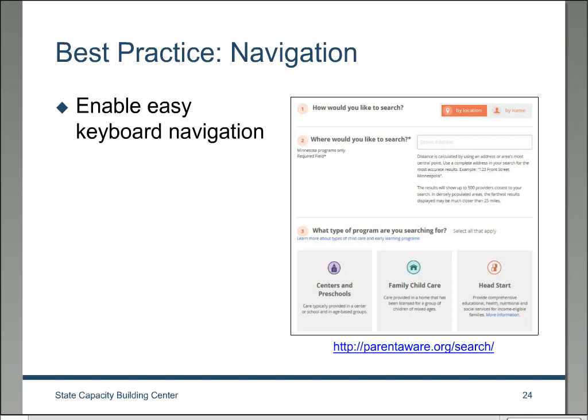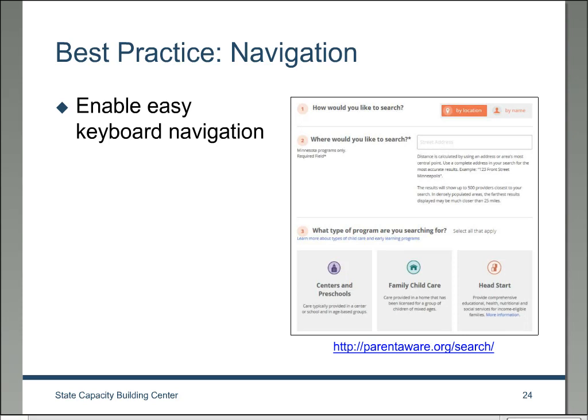Navigation, no big surprises here. Users who can't use the mouse navigate using the tab key and other keyboard keys. So design your website so it can be navigable in an intuitive and sequential way. And of course, many of the other best practices we already discussed relate to navigation as well.